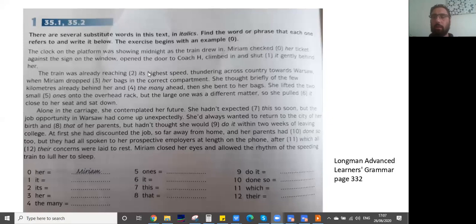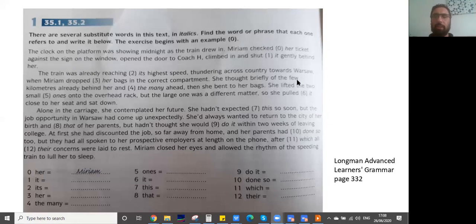So here we are referring to the train's high speed, thundering across the country towards Warsaw when Miriam dropped her bag. So who's her here? Good. Miriam. Thank you. In the correct compartment.